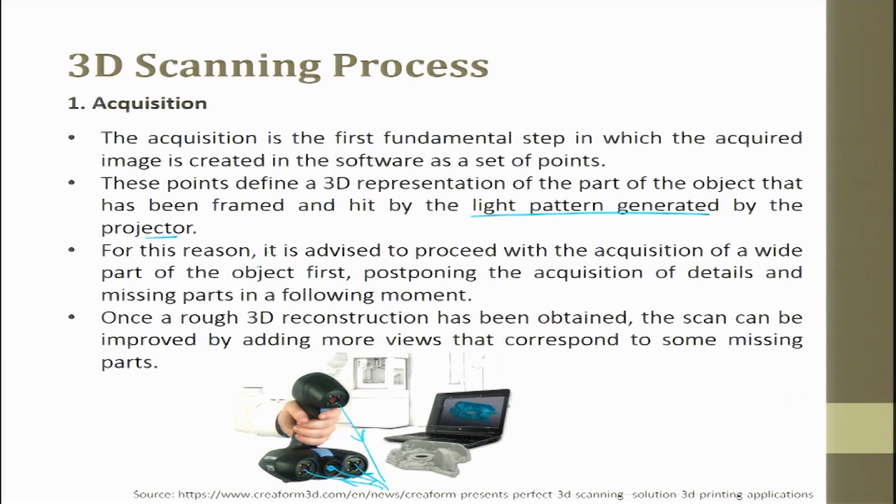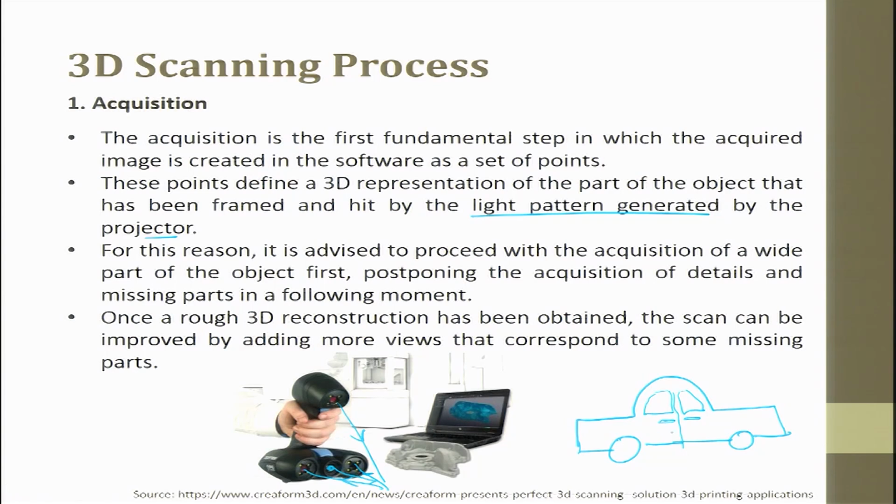For this reason, it is advised to proceed with the acquisition of a wide part of the object first, postponing the acquisition of details and missing parts to the following moments. For example, if you have a car, you might have doors and windows, and minor details like handles and other things.